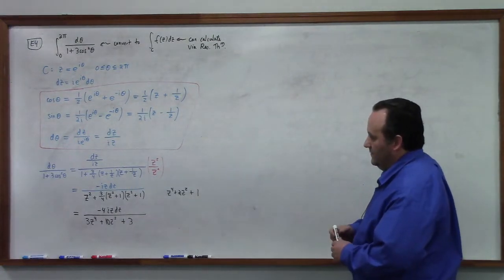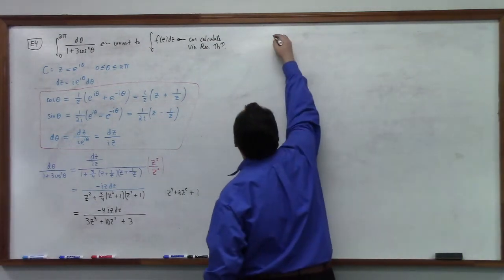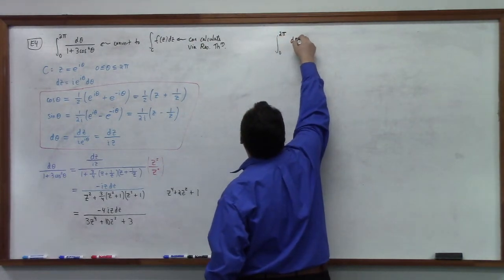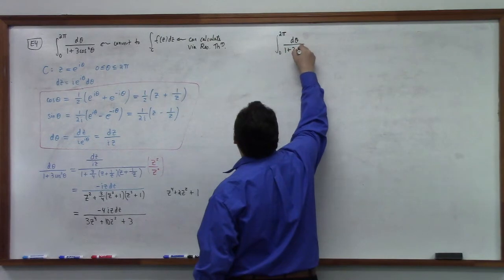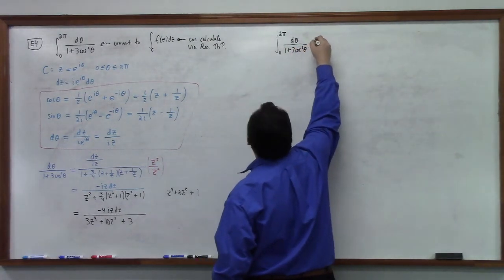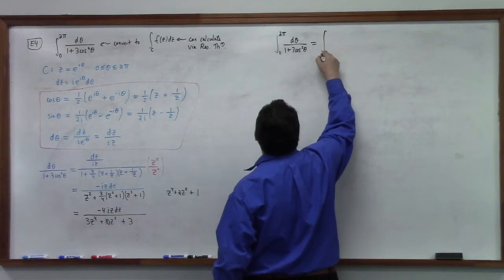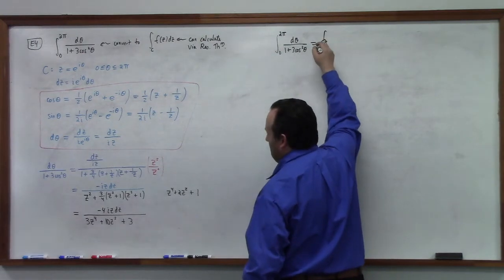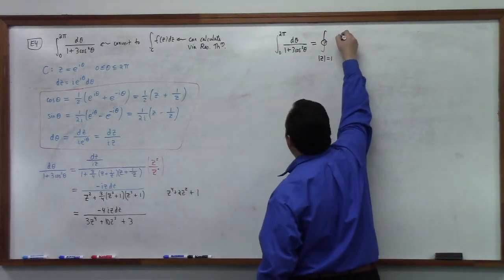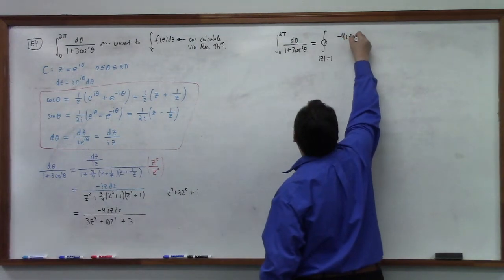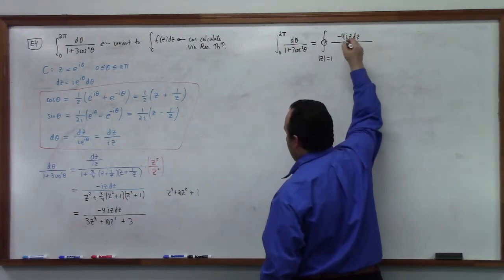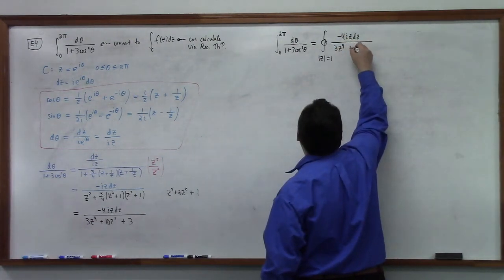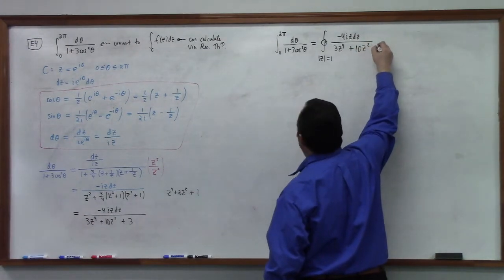All right, so then, we have done what? We have that the integral from 0 to 2 pi of d theta over 1 plus 3 cosine squared theta is actually equal to the integral over the unit circle, modulus of z equals 1, in the counterclockwise fashion, of minus 4i z dz over 3z to the fourth plus 10z squared plus 3.